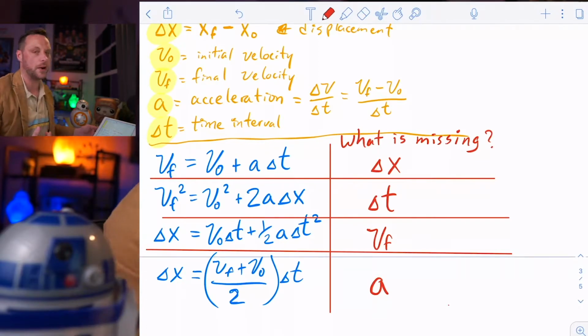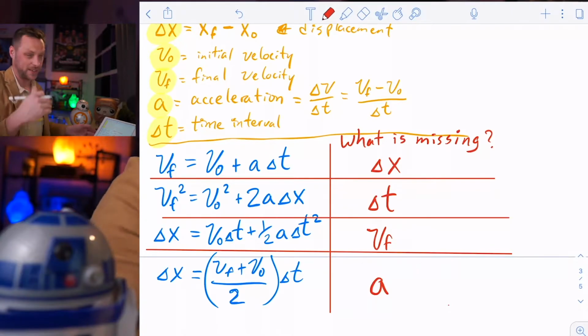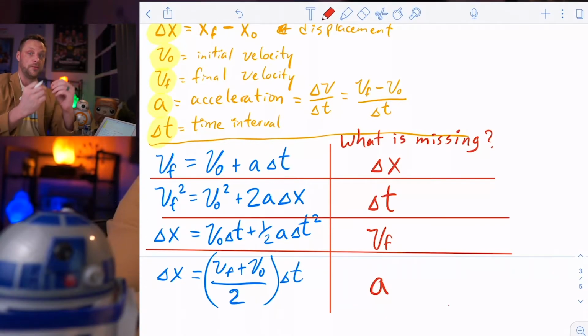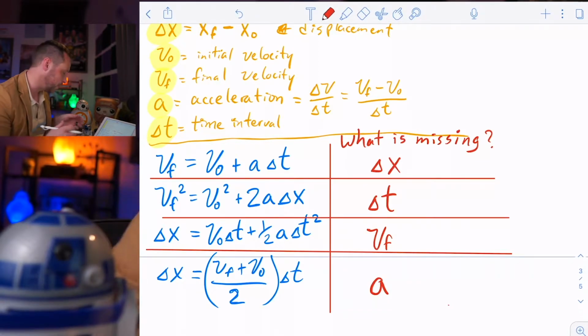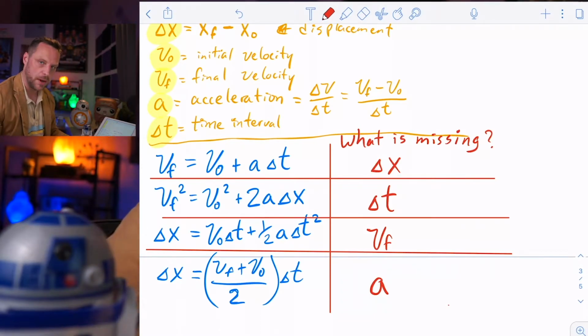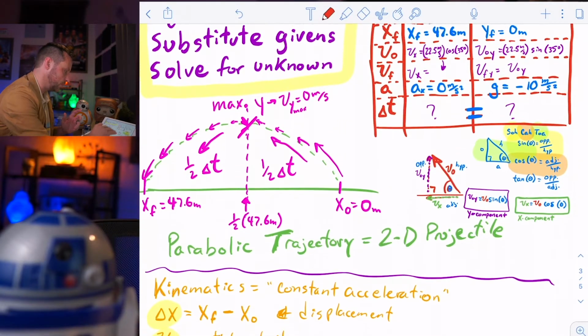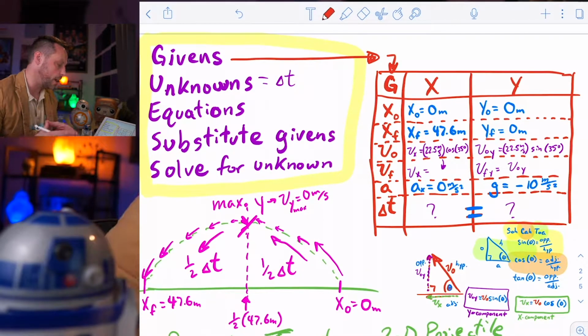Now, why do we care about going through that process? Well, that's actually going to be really helpful to us to figure out how we are going to choose our kinematics equation to solve a puzzle. So here's the key. When you're choosing a kinematics equation, you look at your givens and your unknown, and you list out what you have and what you don't have, and then you will usually have 3 things.